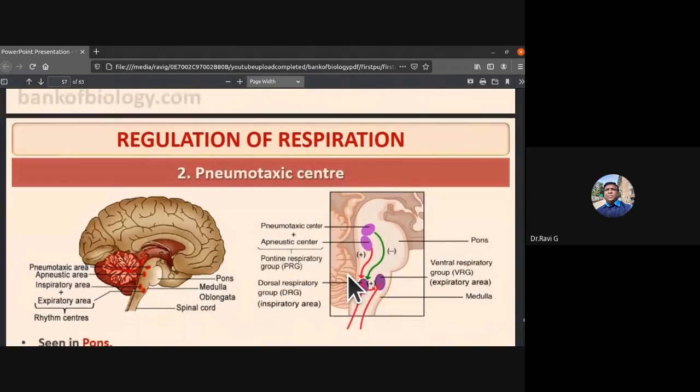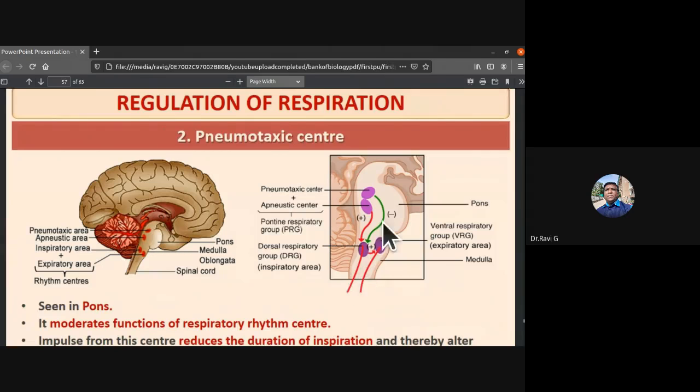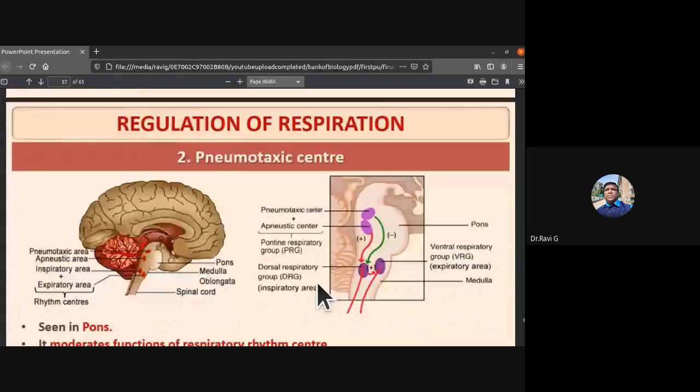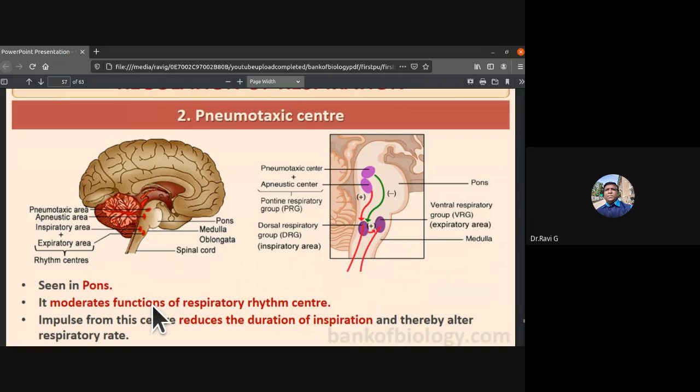The pneumotaxic center is found in the pons region of the brain. It moderates the functions of the respiratory rhythm center. The respiratory rhythm center controls respiratory rhythms, but it is in turn controlled by the pneumotaxic center.